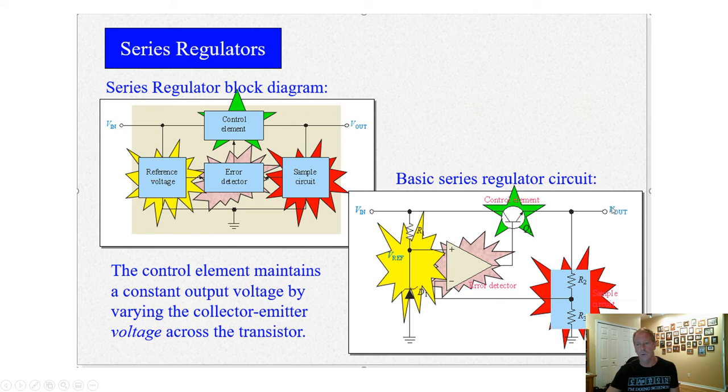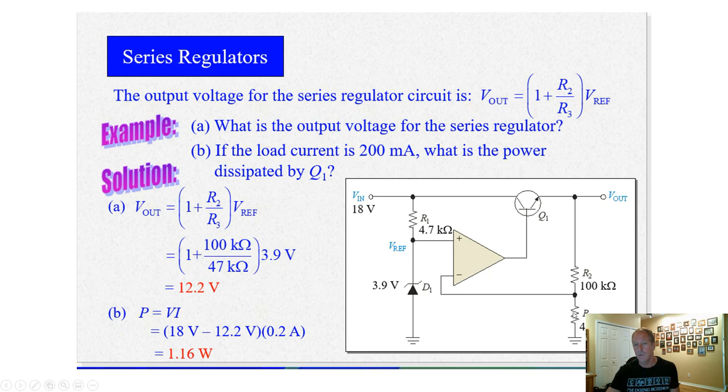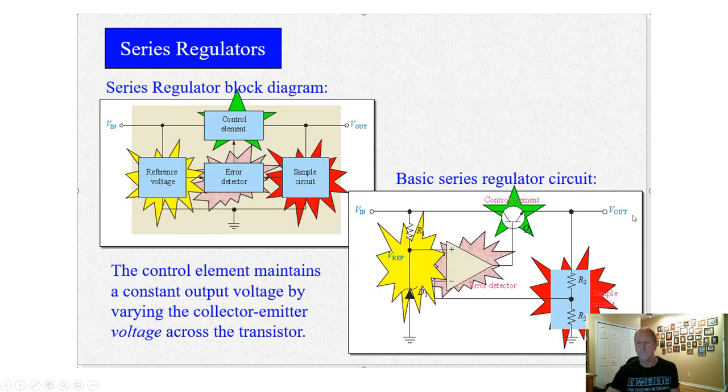In other words, if you short this output, this op-amp is going to do everything it possibly can. It's going to turn that transistor on all the way because it's seeing zero voltage coming in on its inverting input, because this output's shorted. Oops. So that's going to possibly burn up that transistor.